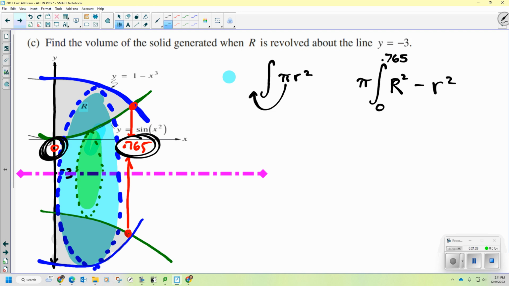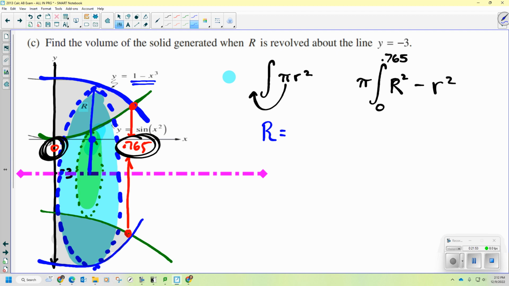But what about this -3? Be careful. My bigger radius, which I will do as a big R. Normally, if I'm going from the x-axis, see this dot I'm creating? That distance is just 1 minus x cubed. But I'm adding an additional 3 spaces to it. I've got to go down 3 more.